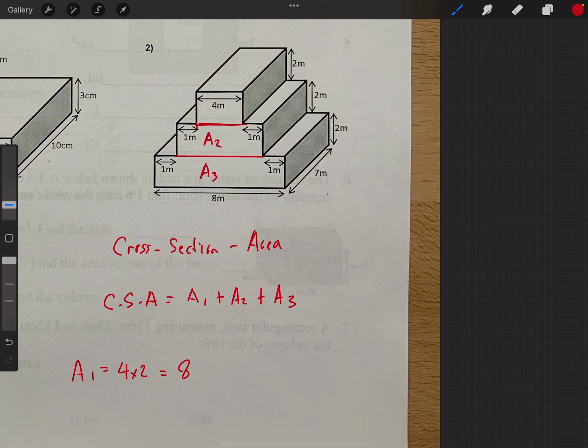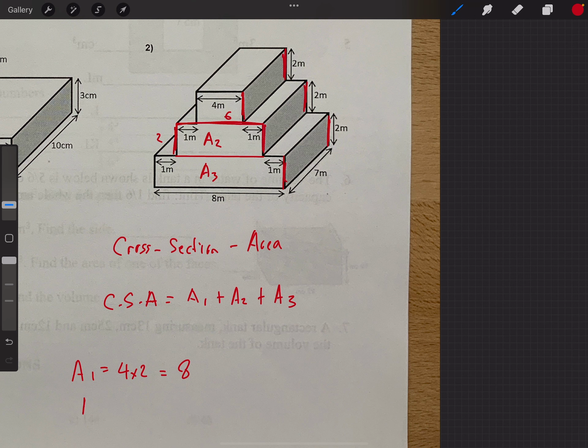So we got 6 times 2, because the heights of every single piece are all 2. So A2 equals 6 times 2, which equals 12.